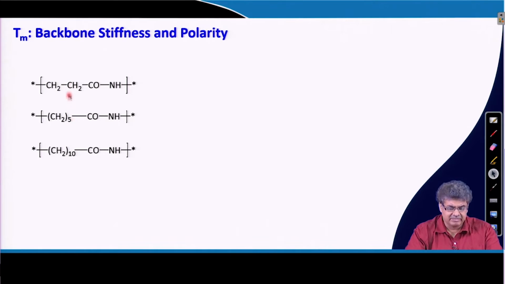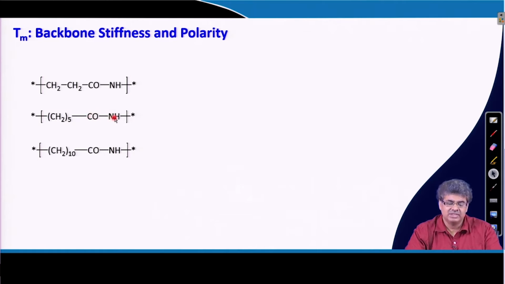So, if you compare between these three polymers, as we increase the number of CH3 groups, this will be much more flexible or less rigid, or in an indirect way we can say that this is the stiffest polymer among these three. Similarly, as we increase the number of CH3 groups, we are also decreasing the weight fraction of CONH2 in the polymer.